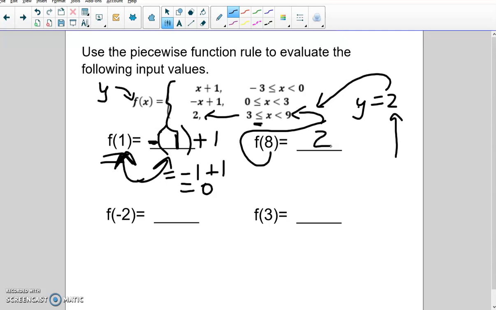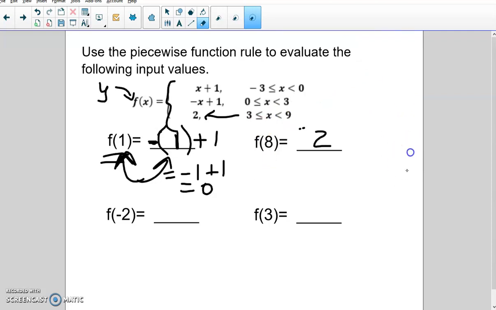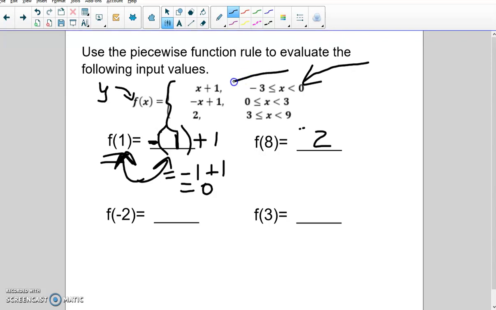Okay, so we've got 2 more. So f of negative 2, where does that go? So we've got to decide, in looking at this here, which part of this piecewise function applies. So on a number line then, we would see that the negative 2 would fall between negative 3 and 0, so that's where we are. And we can use this x plus 1 part of it.